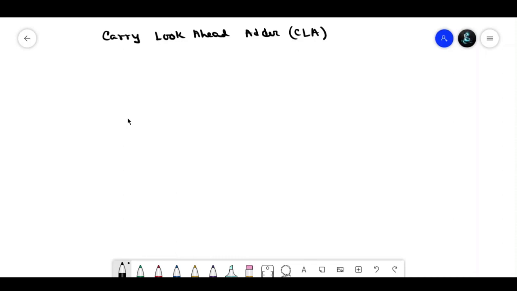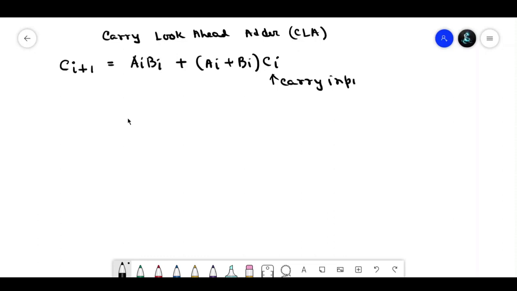So in the full adder, if we write the carry output, we can write it in this way: AI BI plus (AI plus BI) into CI. Here CI is the carry input and this is the carry output. AI, BI are the two numbers which are to be added.